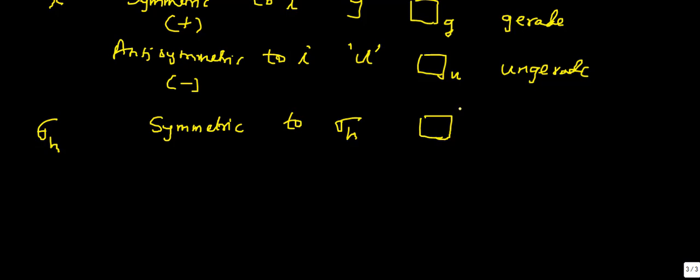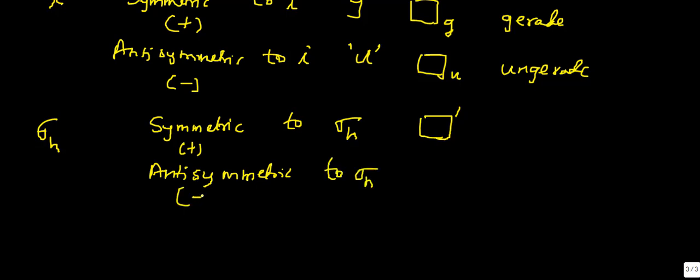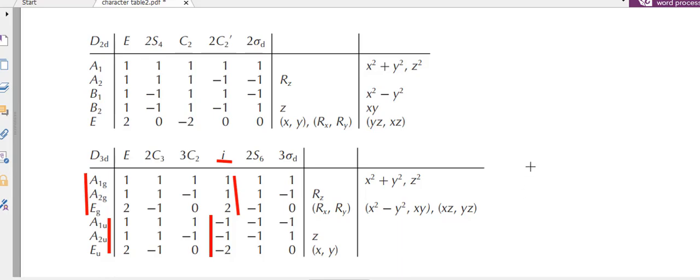We will have the superscript as dash, that is positive to sigma h. When you have anti-symmetric to sigma h, then we'll get double dash. This we will see now with a few examples.